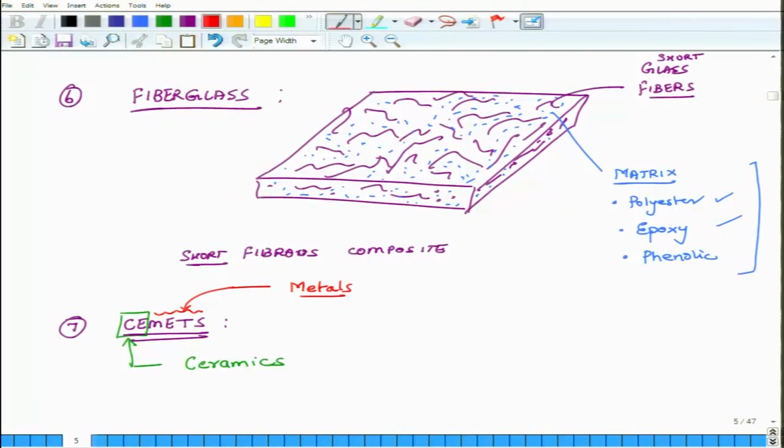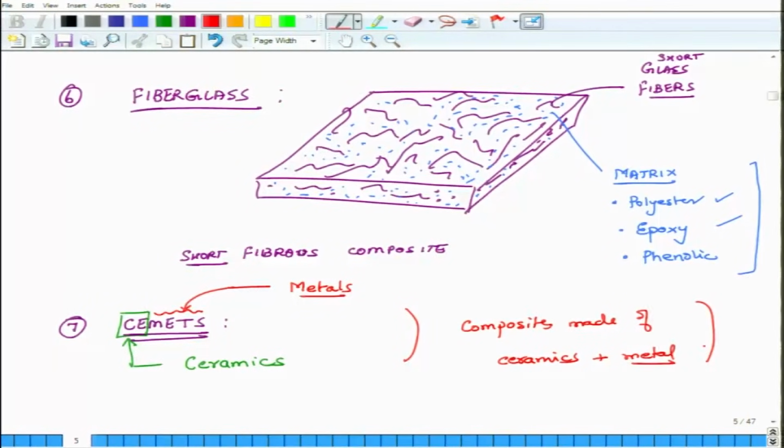So, cements are basically composites made of ceramics. So, ceramics, and here the fiber is of ceramics, and the matrix is made up of some metal, okay. And where do we use these?